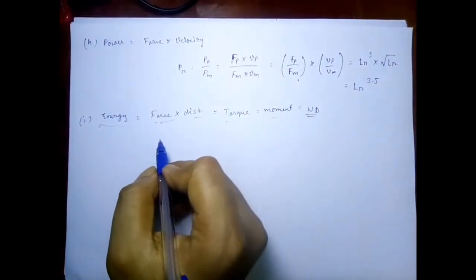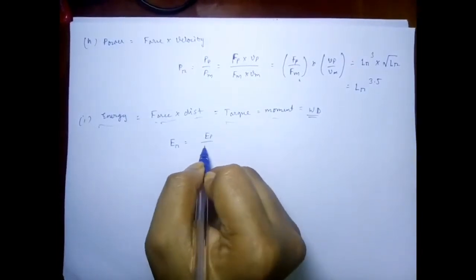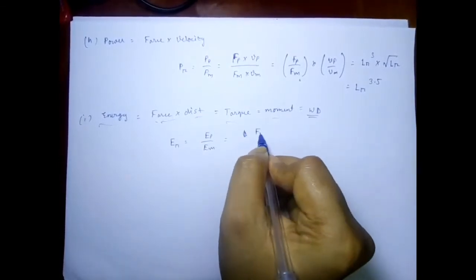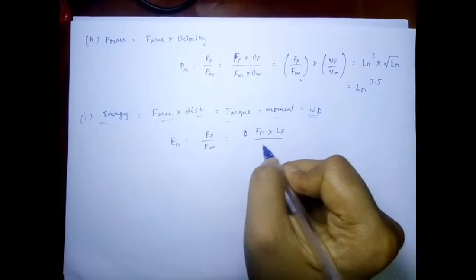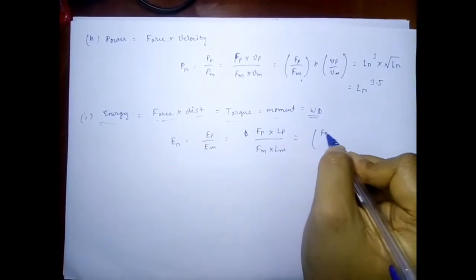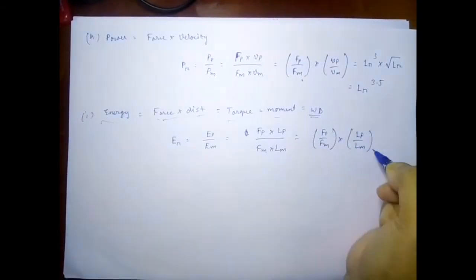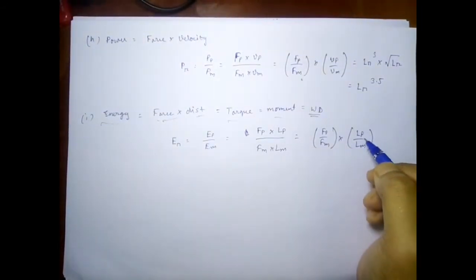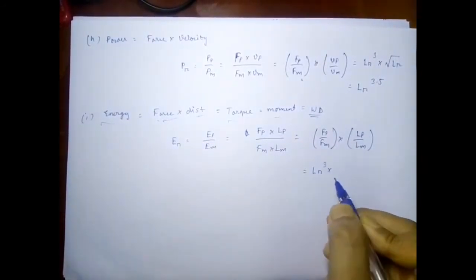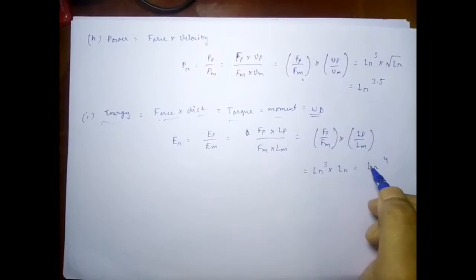Suppose ER is equal to EP upon EM, so it is equal to Fp multiplied by Lp upon Fm multiplied by Lm, and Fp by Fm multiplied by Lp by Lm. Fp by Fm can be written again as Lr cube multiplied by Lr, and it is equal to Lr to the power 4.